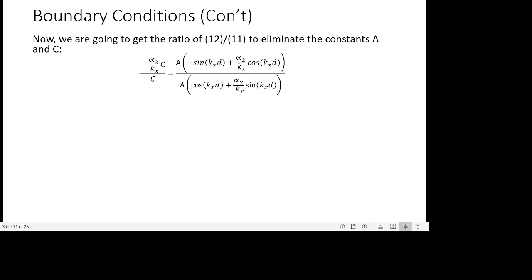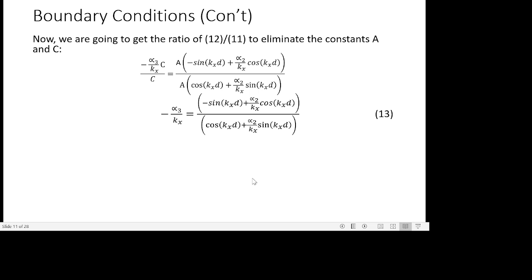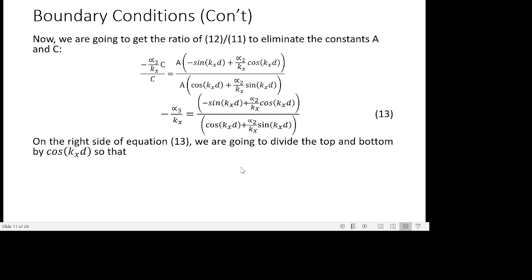So here we go. We get this. The final equation is without any ABCD constant. On the right side of the equation, we are going to divide the top and bottom by cosine kx d. So we get this.